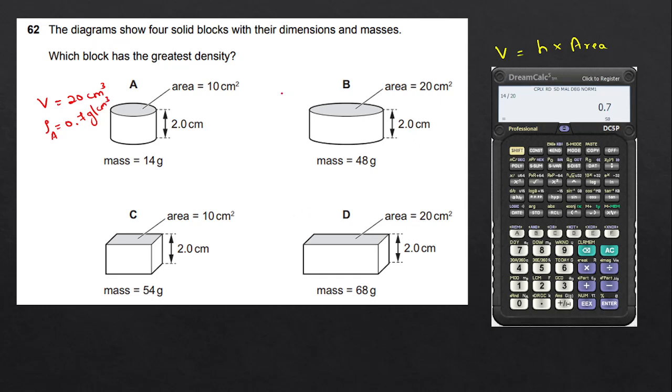Let's find out the volume of object B. Volume of object B is 20 times 2, that's 40 cm cube.